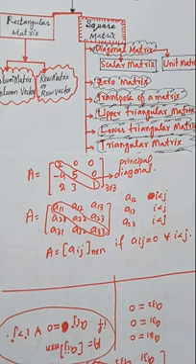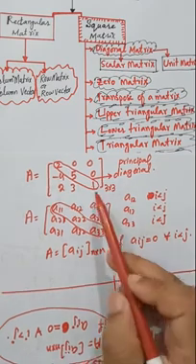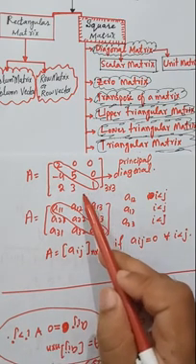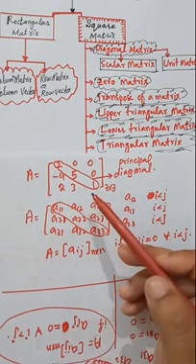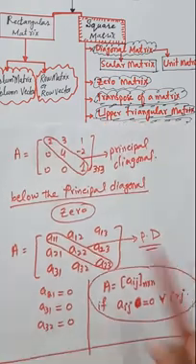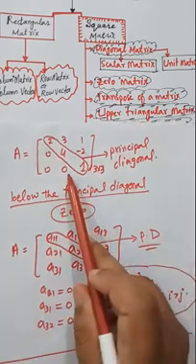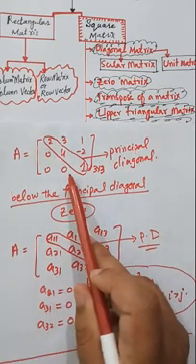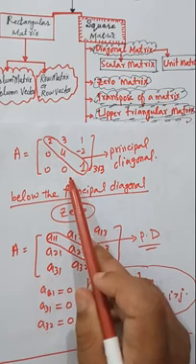And if a matrix is a lower triangular matrix or an upper triangular matrix, it is called a triangular matrix. So this matrix is also a triangular matrix because it is a lower triangular matrix, and this matrix is also a triangular matrix because it is an upper triangular matrix.